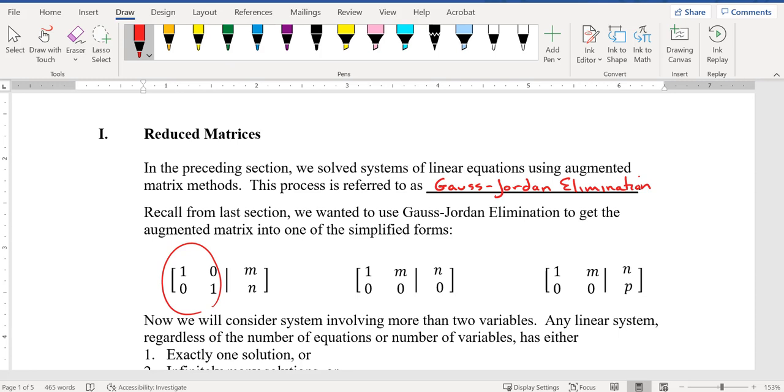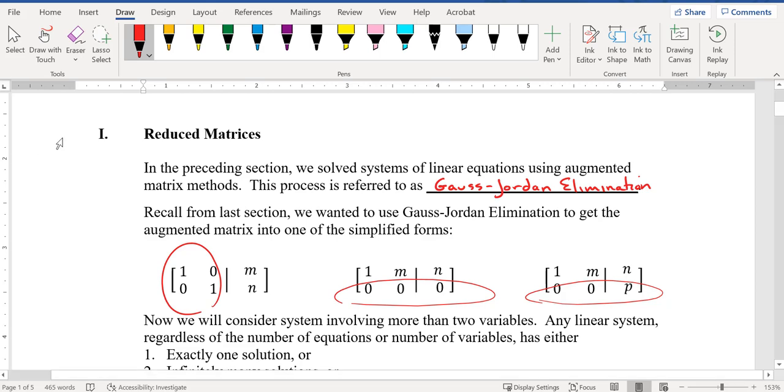That gave you one unique solution. Or you had a row of all zeros, in which case there were infinitely many solutions. Or you had a row of zeros to the left of that bar and a number that was not zero to the right of the bar, in which case you had no solution.